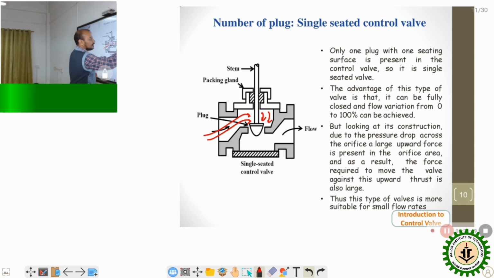That's why it is written that the advantage of this type of valve is that it can fully close, with variation from 0 to 100%. But looking at its construction, due to the pressure drop across the orifice, as I already mentioned to you, a large upward force is present in the orifice area, and as a result the force required to move the valve against this upward thrust is also large.